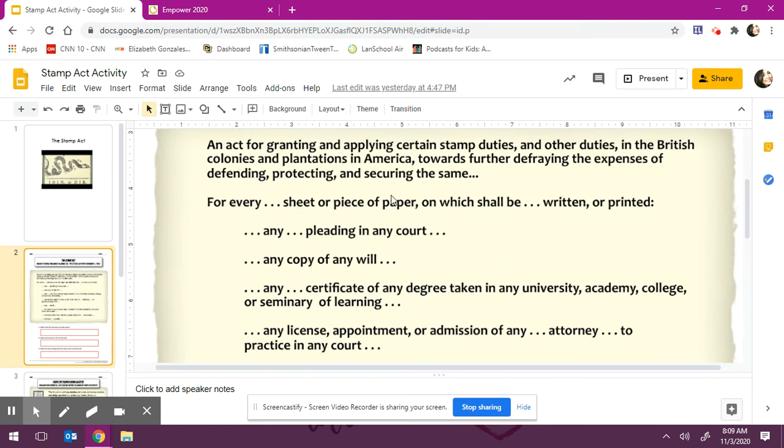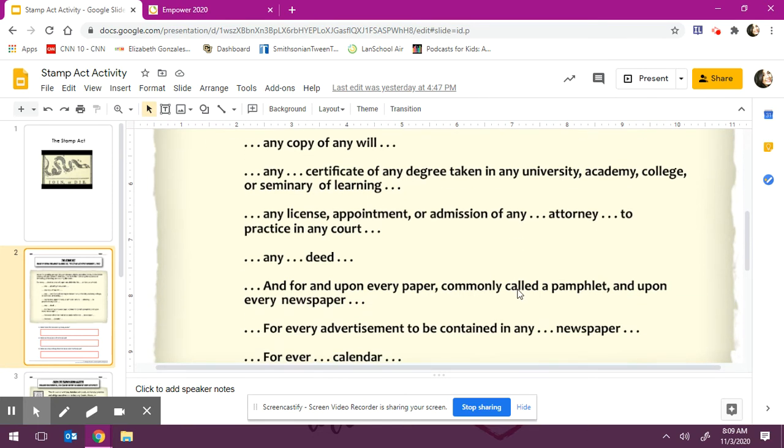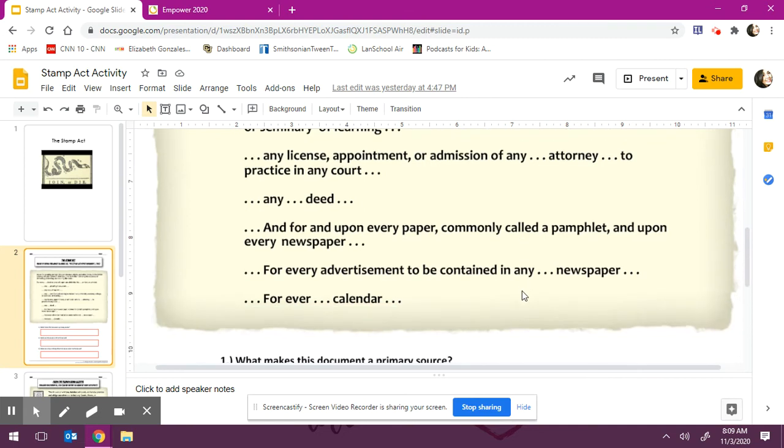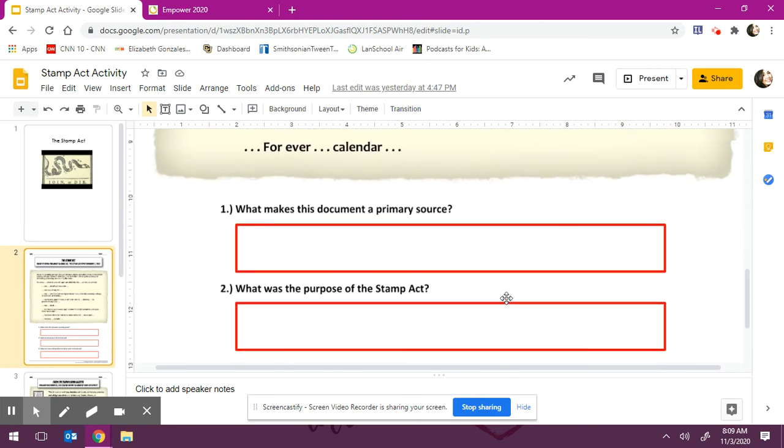It's saying, for every sheet or piece of paper on which shall be written or printed any pleading in any court, any copy of any will, any certificate of any degree taken in any university, academy, college, or seminary of learning, any license, appointment, or admission of any attorney to practice in any court, any deed, and upon every paper commonly called a pamphlet, and upon every newspaper, for every advertisement to be contained in any newspaper, for every calendar. So what makes this a primary source, right?